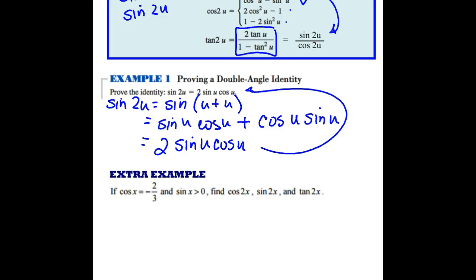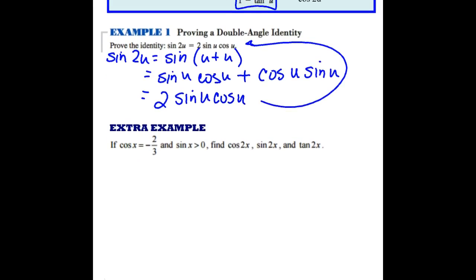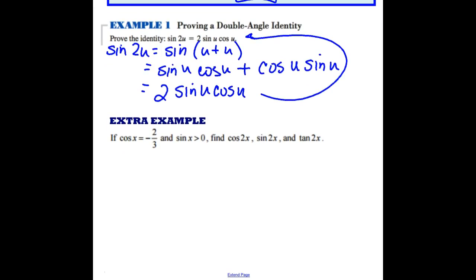We manipulated it until it turned into what we had on the right side. Step by step, one step equals the next step. Just a different version. All right, we aren't going to take time to prove the other ones. Might have to in your homework. Just for fun.